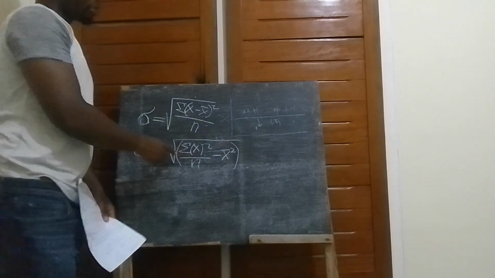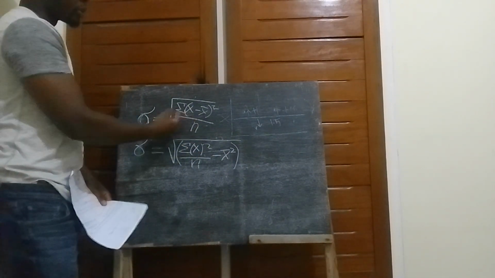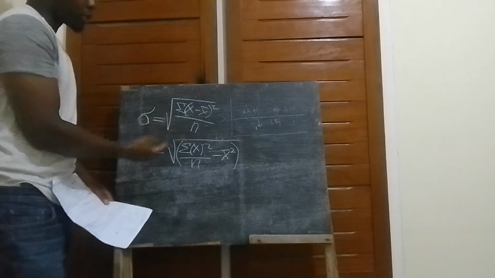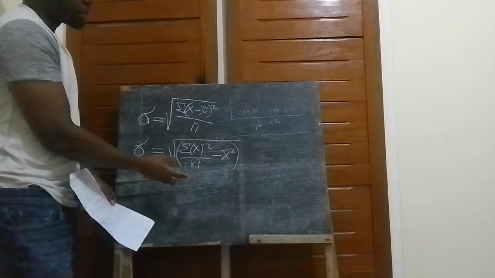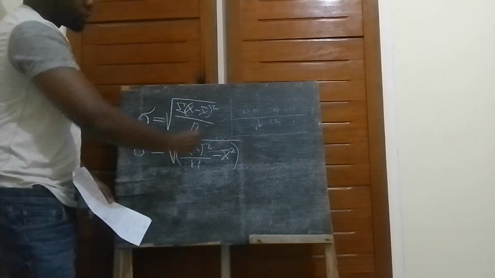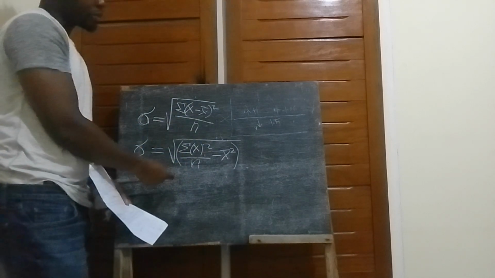This is quicker because you have one less operation to do. You don't have to do subtraction. You can just square each value and sum all of them up, divided by the total number of values, minus the mean squared.